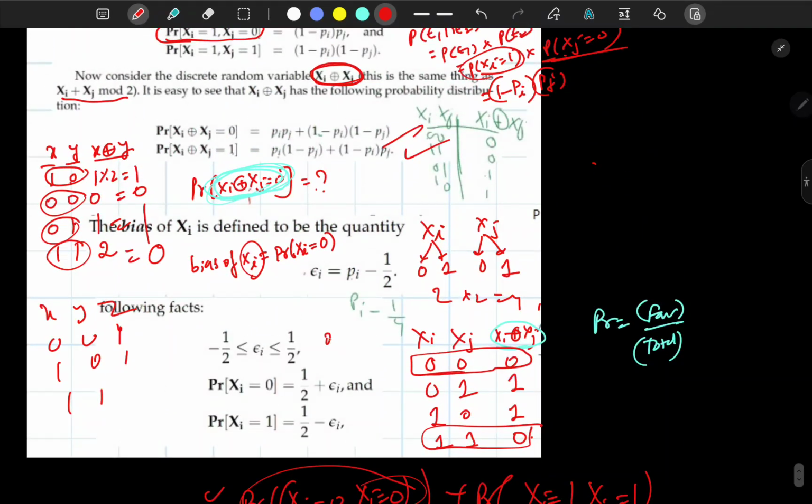It doesn't have 0.5 or 0.6 or 0.7 or 1 lakh or 2 lakh; it has just two values, 0 or 1. So you have to remember very importantly, bias is defined as the probability that xi equals 0 minus 1 by 2. This is how it is defined. That's it.